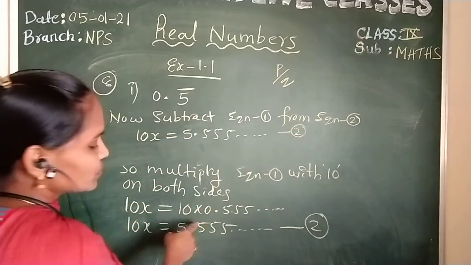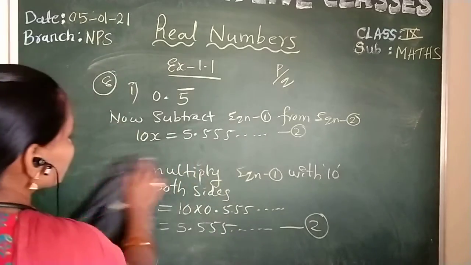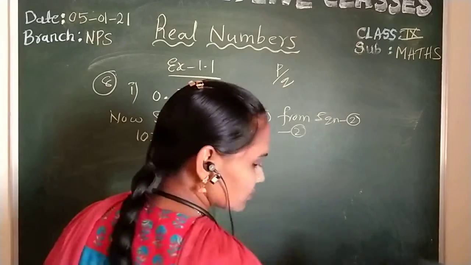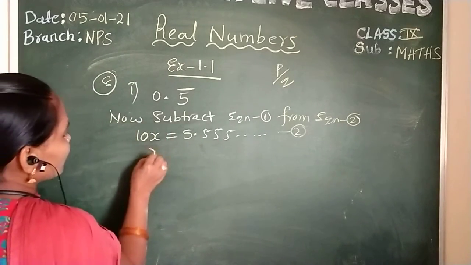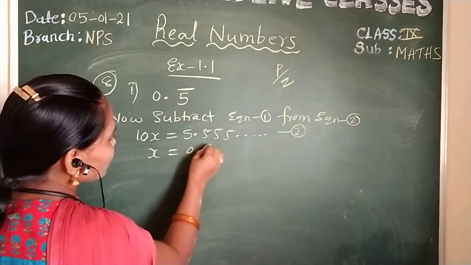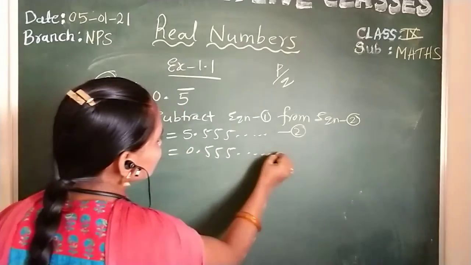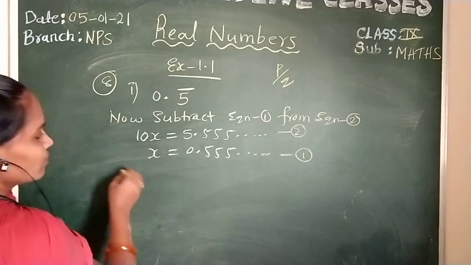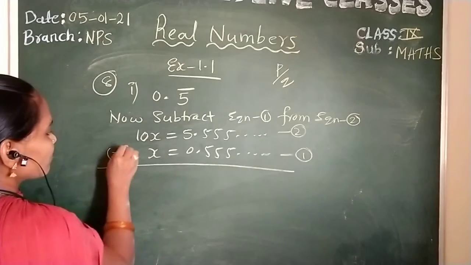And equation 1 is this one: x equals 0.55 and so on. Now you can subtract.